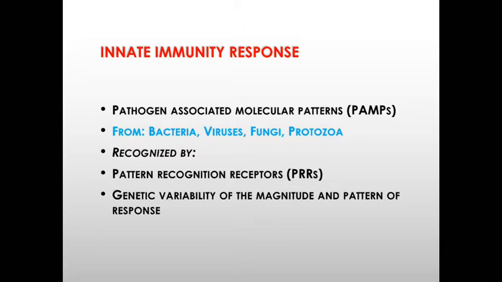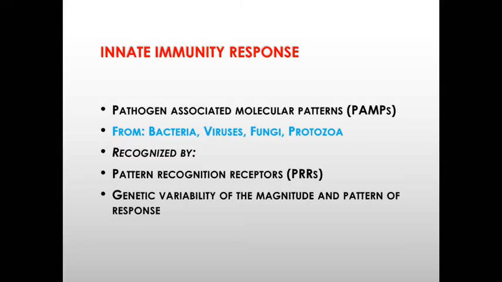PAMPs. Now, there's a big genetic variability between different individuals as to how they respond to that sepsis. And if you think about it, that is probably protective of a community. So any community of individuals who are exposed to a new pathogen, like an epidemic, some will have a very strong response and survive.